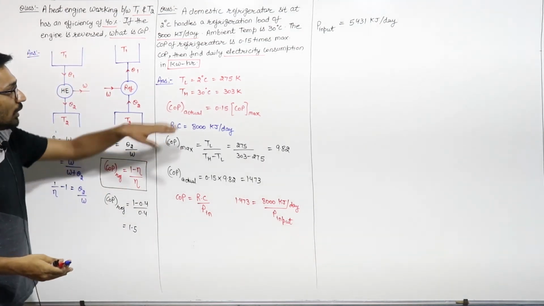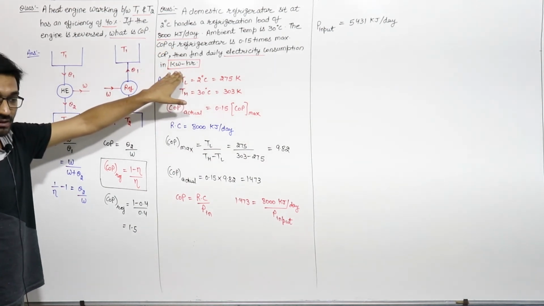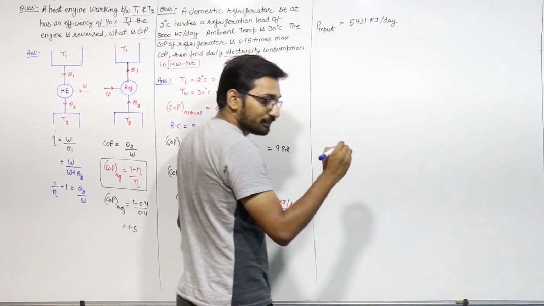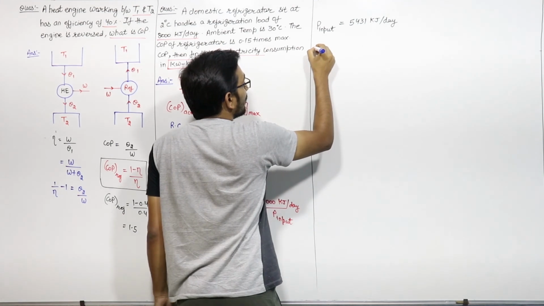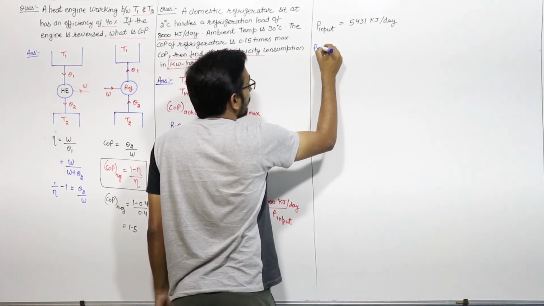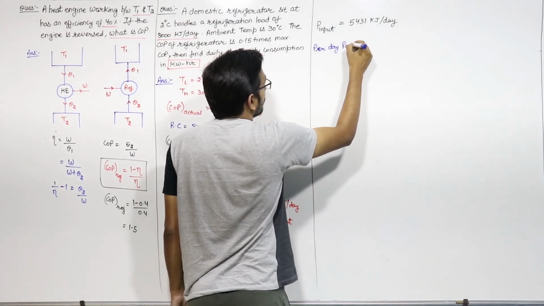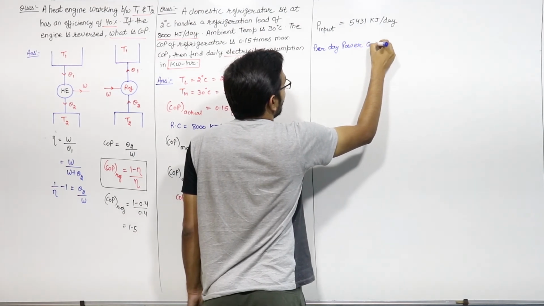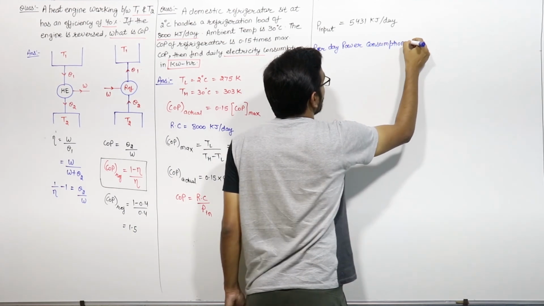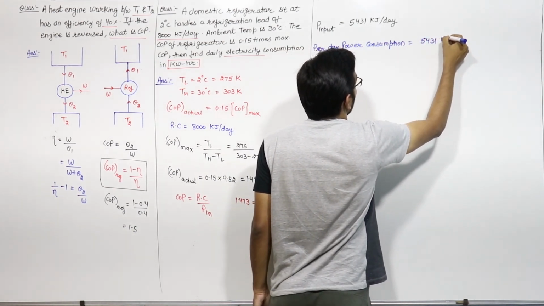In one day, this much power we require. Now, you want to find the power input in kilowatt hour. So let us see how to convert it into kilowatt hour per day power consumption. In one day the power consumption will be equal to 5431 kilojoule.